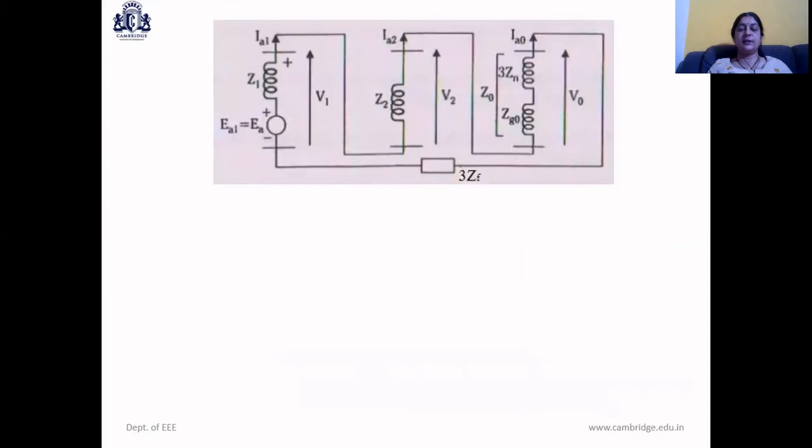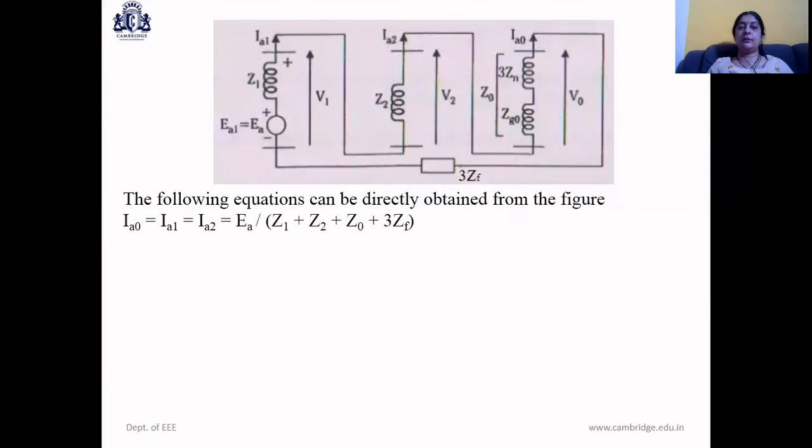The circuit is now represented such that the same current flows through all three networks and finally returns through 3 ZF. So from this circuit, we can write the expression for the fault current. IA0 equal to IA1 equal to IA2 is obtained as the only voltage source divided by all the impedances in the circuit, Z1 plus Z2 plus Z0 plus 3 ZF.